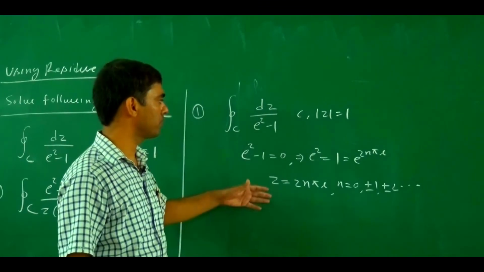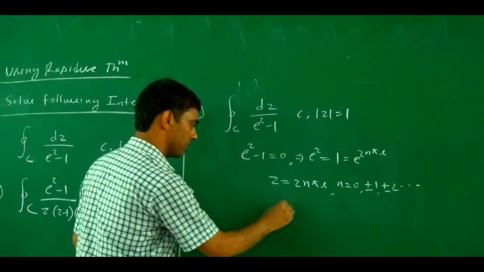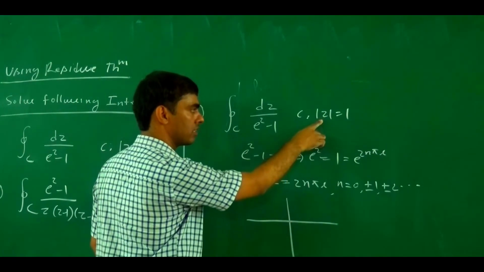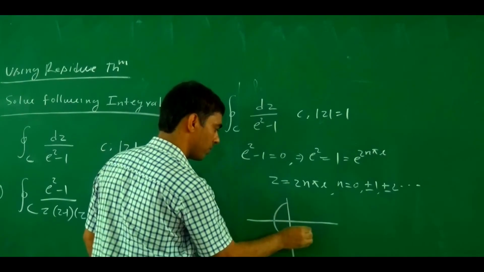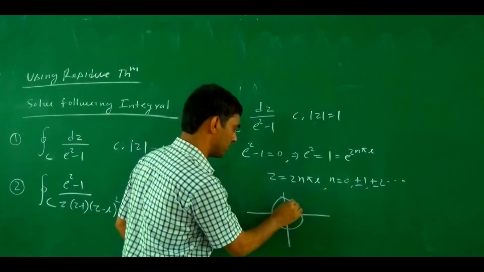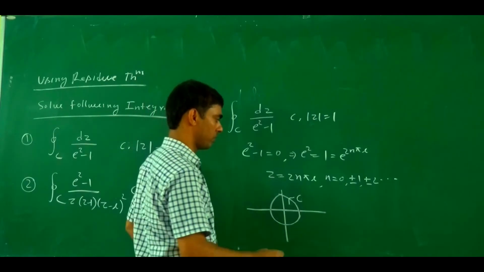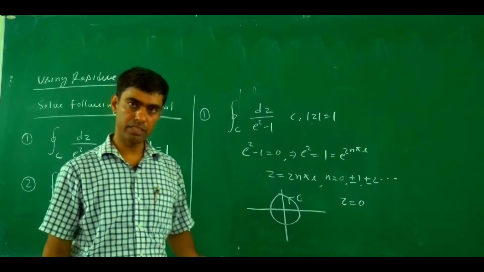But how many singular points lie in this region? Mod z equals 1 means a circle with center at 0 and radius 1. Which singular point lies inside? Only n equals 0, meaning z equals 0, lies inside, and all other points lie outside.